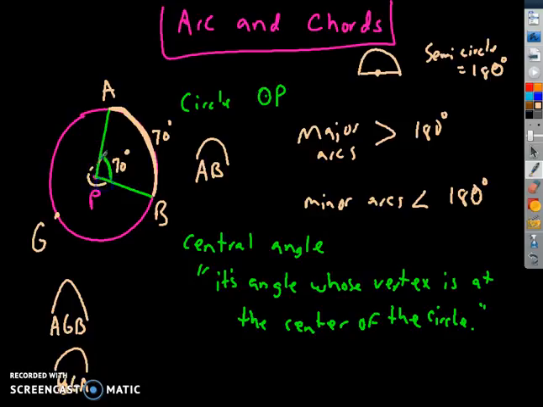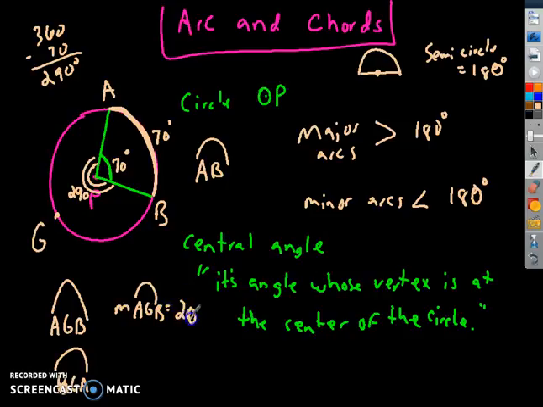You already know that a circle has 360 degrees, so take away the 70 you're given there. This is a 290 degree angle, so the measure of arc AGB is 290 degrees. Anyway, that's how you name an arc.